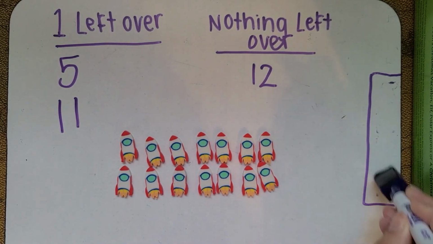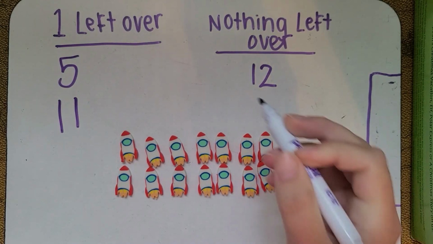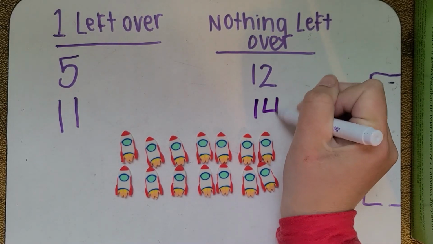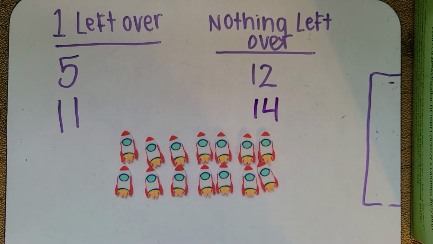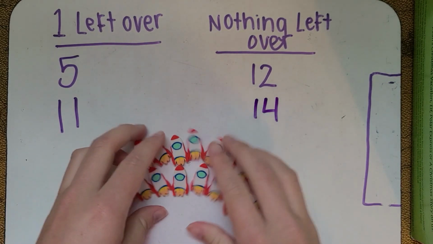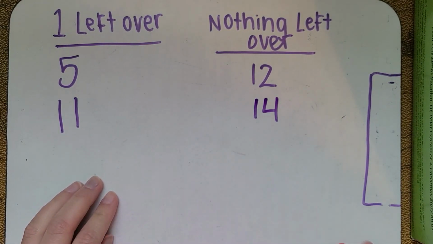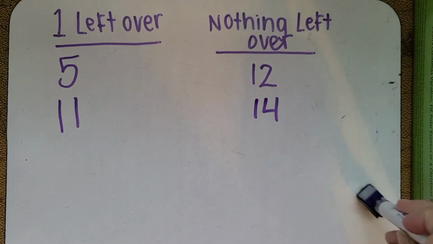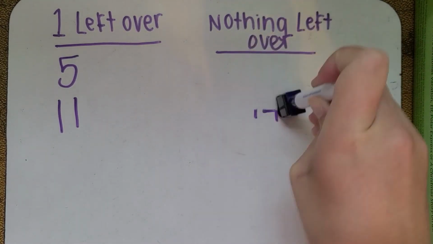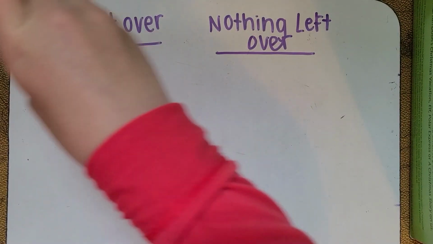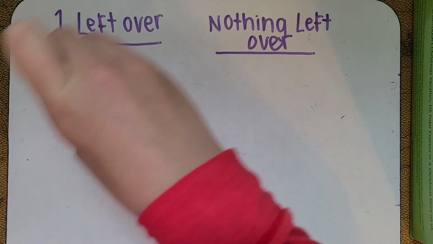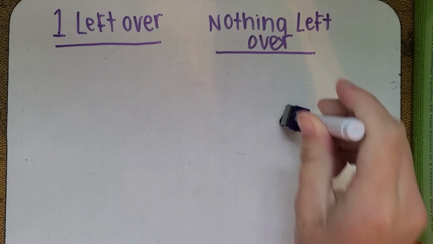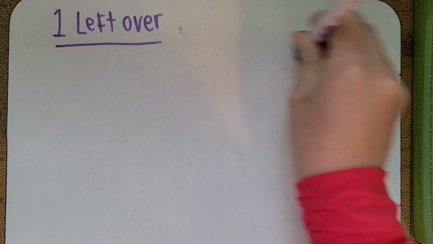So 14 is going to go in this column right here, nothing left over. All right, I'm going to take my rocket ships and move them out of the way. And I'm going to erase my board. So remember, we split our numbers into numbers that had 1 left over and nothing left over. So remember that right there.